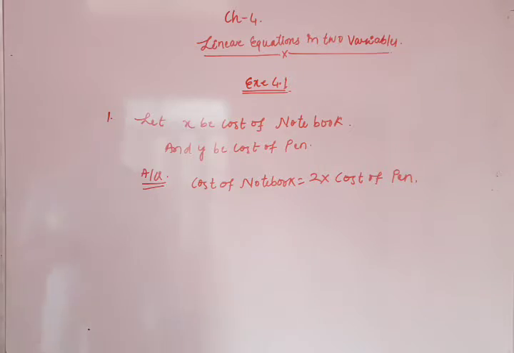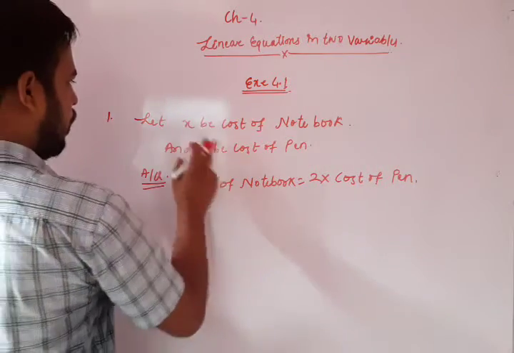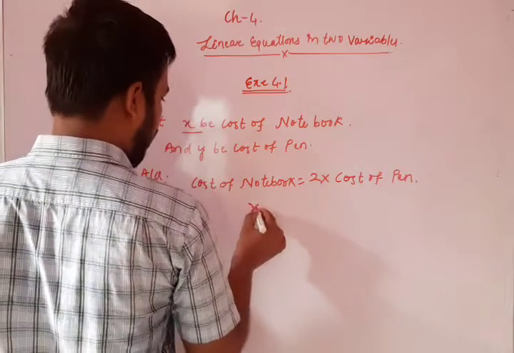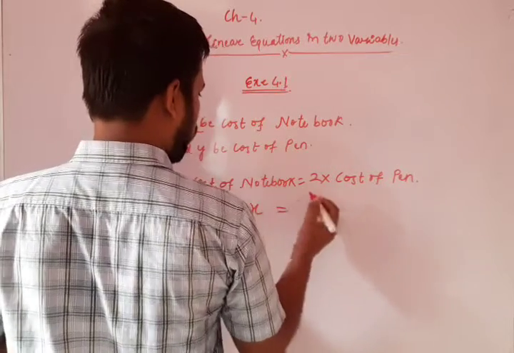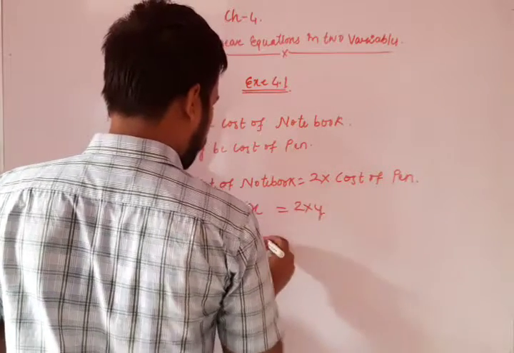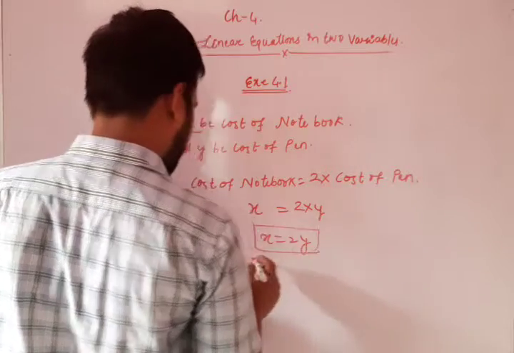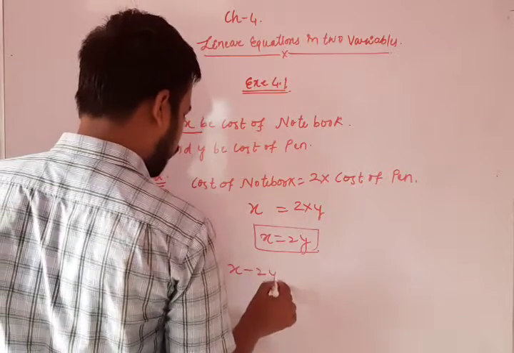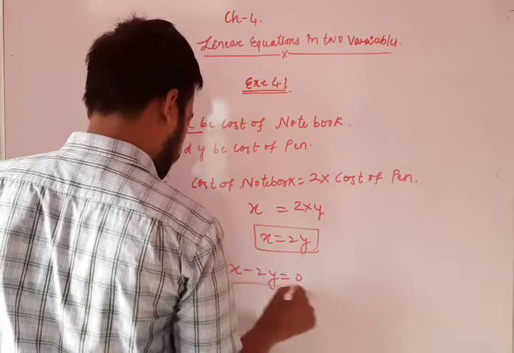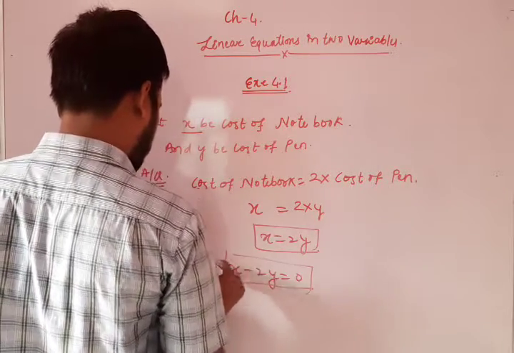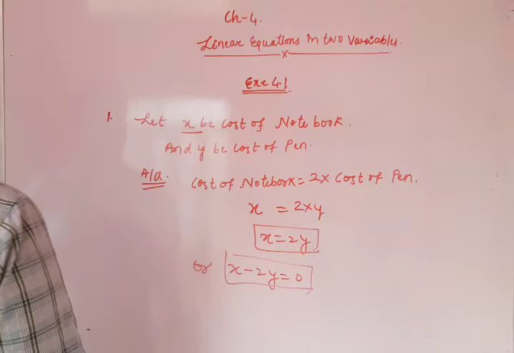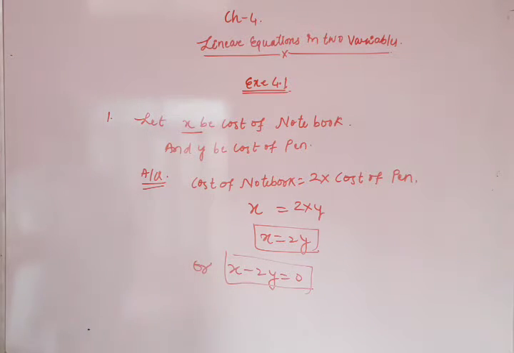We have taken the cost of the notebook as x, so x equals 2 multiplied by y. So x equals 2y, or you can write x minus 2y equals 0. Both are correct.